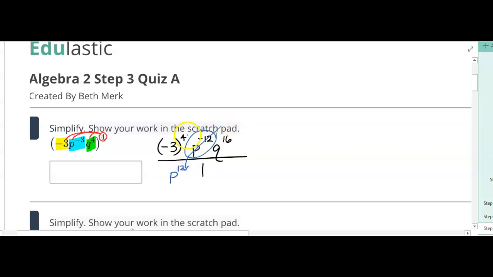And then the only thing left is to deal with this -3 to the 4th. That's -3 times -3 times -3 times -3. Negative times negative is positive. Negative times negative is positive. So we end up with a positive 81. Q to the 16th over P to the 12th for our final answer.